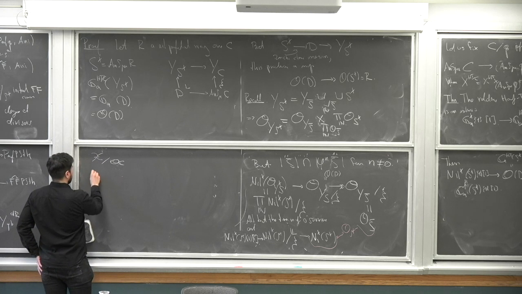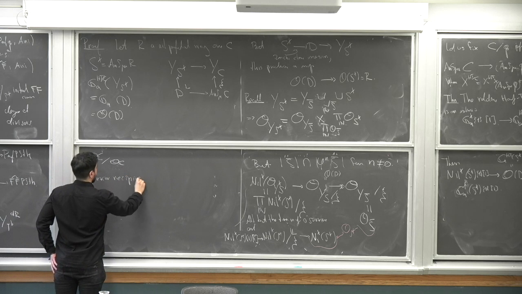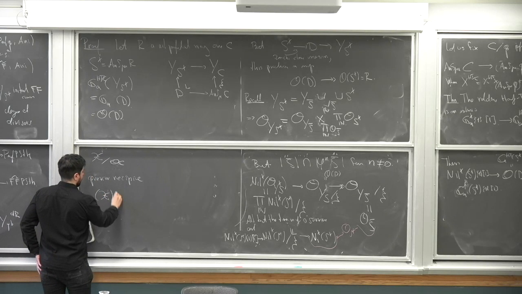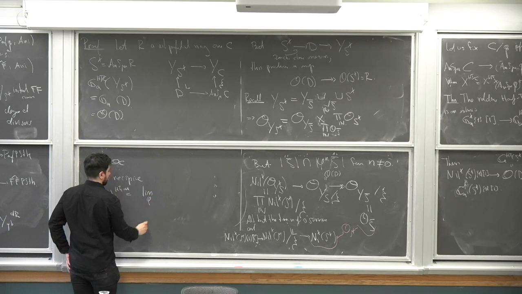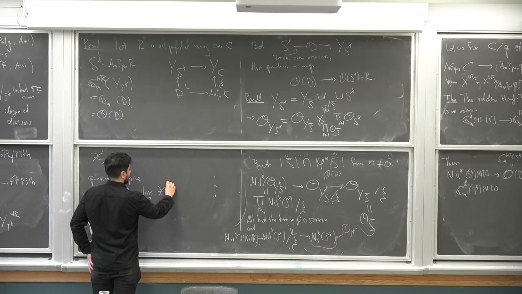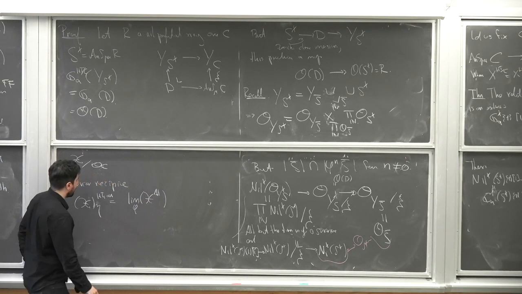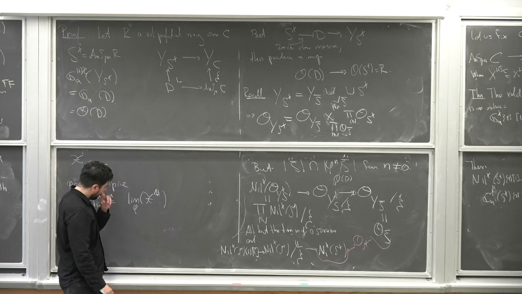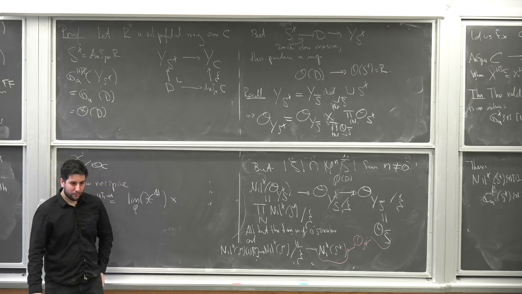Then you have to prove independence of the choice of the formal model, and also you have to prove the construction is local in the sense of the choice.